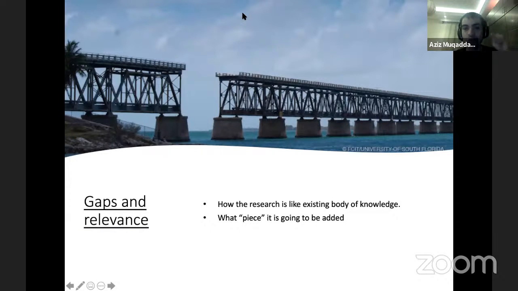It won't tell you everything you would need to know about the current environment because there's always some difference in context. But based on what already exists, you could suggest the piece that you're going to add, right? So you say, these campaigns worked for a non-COVID disease before, and here's how my research is going to show you how it's applied to the COVID situation, things like that, right?